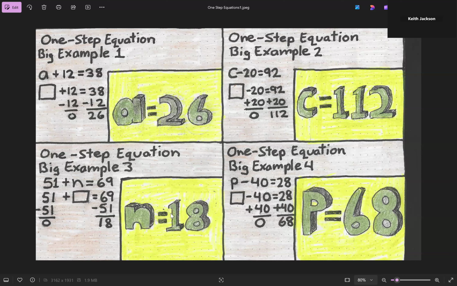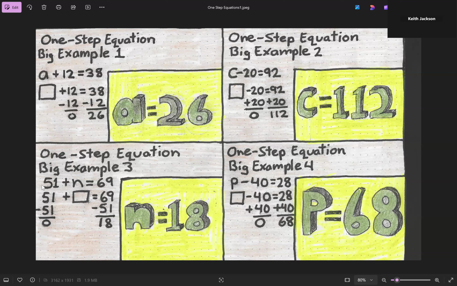All right, and let's move to big example 3, in which we have 51 plus n is equal to 69, noticing that 51 is on the same side as n. Therefore, we're going to work with 51 to find out what number is hiding behind box n.